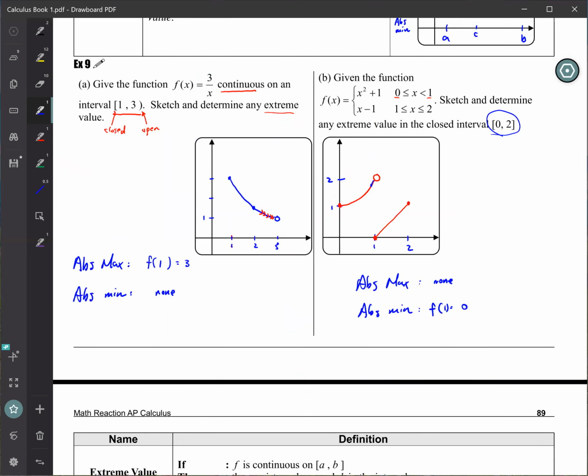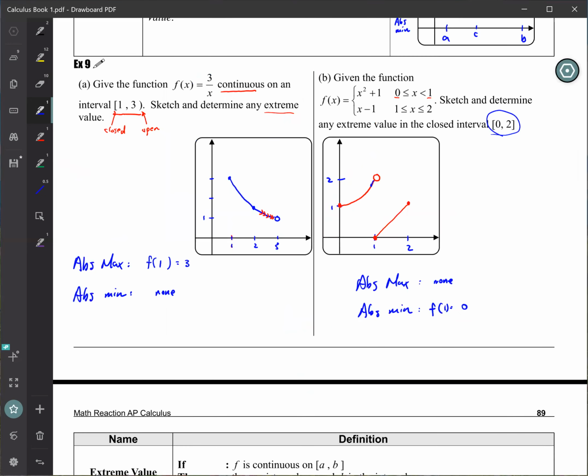So for local, this is also called the relative, local or relative extrema, never at endpoint. Can't spell today.